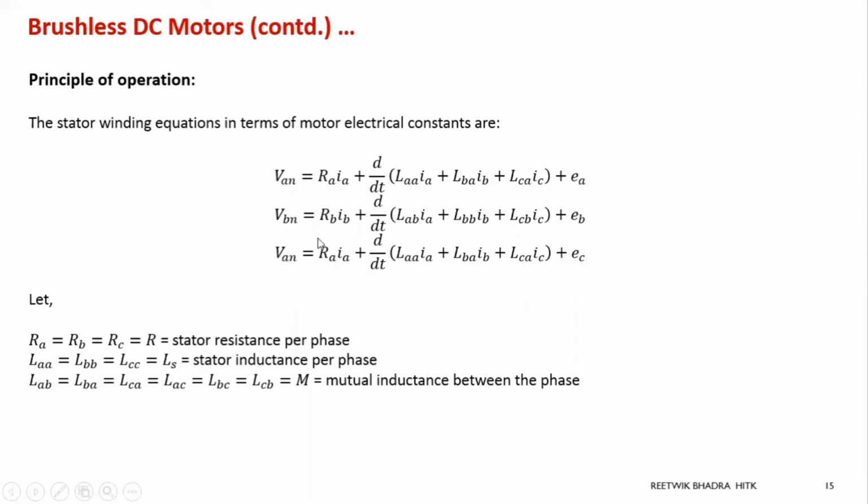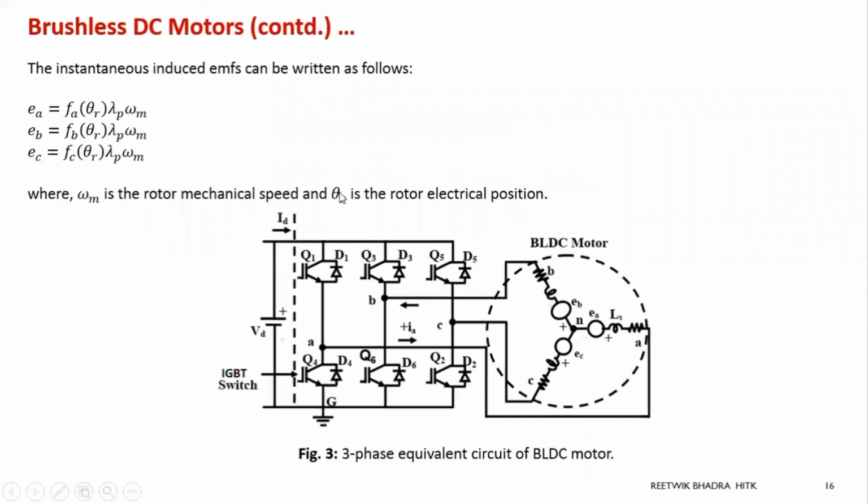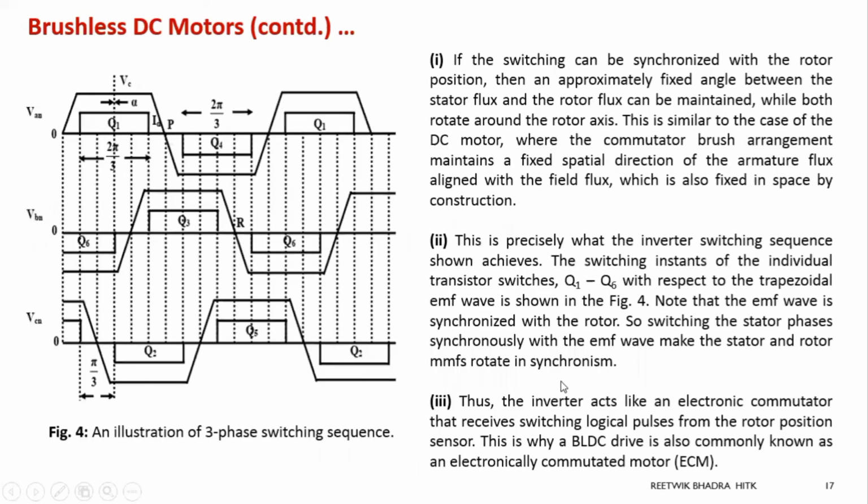This will be Vcn. Since we are considering all three phases as balanced three phase, all the windings will have the same resistance, same inductance. All those things will be same.